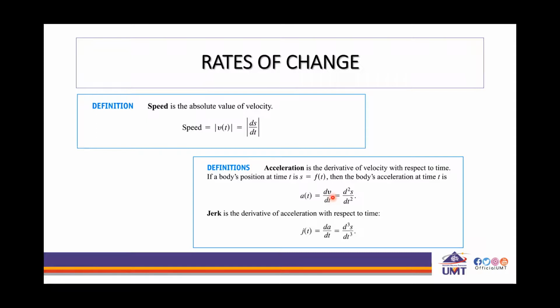It is like differentiating s twice. And then jerk. Jerk is the derivative of acceleration with respect to time. It means that j of t equals da over dt, which equals d squared v over dt squared, which equals d cubed s over dt cubed. It's just adding more differentiation.